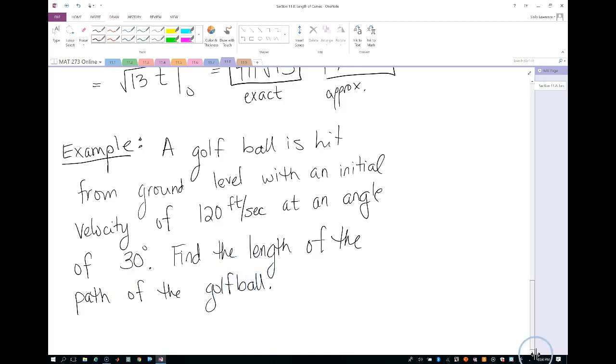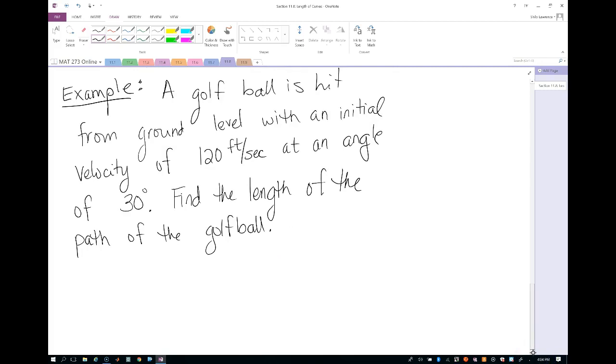So this kind of ties together the projectile motion that we learned in the last section. So we're going to have to set this vector valued function up by ourselves. r of t is initial velocity times cosine of the angle. So we have 120 cosine 30 degrees t.